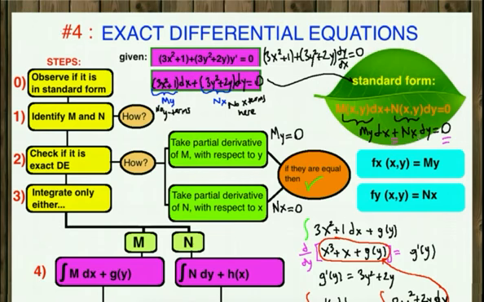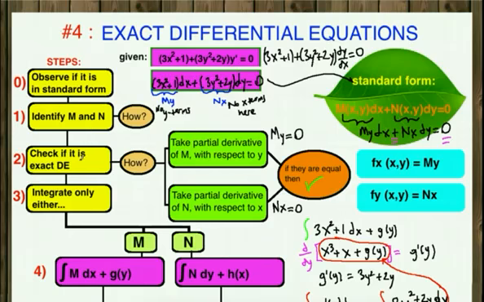In some sources or school books, you might see M and N as well. As the second step, you need to identify the m and n parts of your given equation. At the m part, you don't have y terms. At the n part, you don't have x terms.